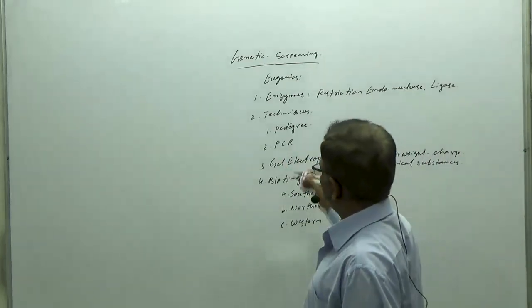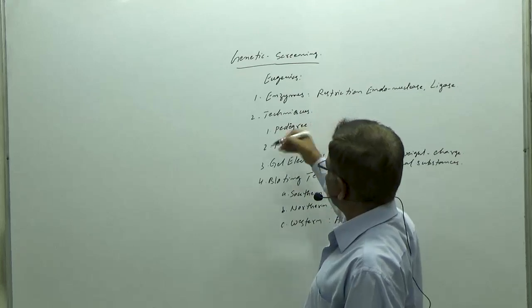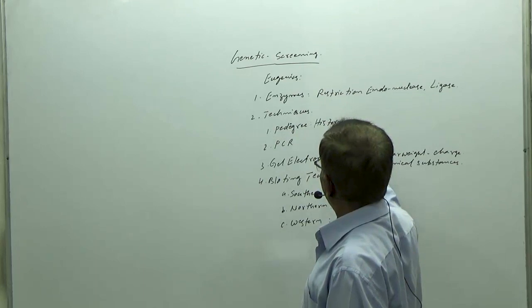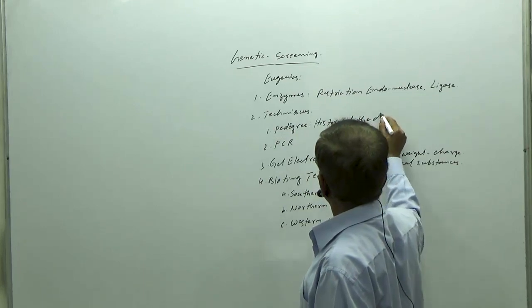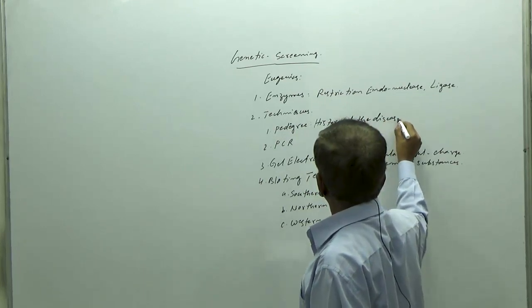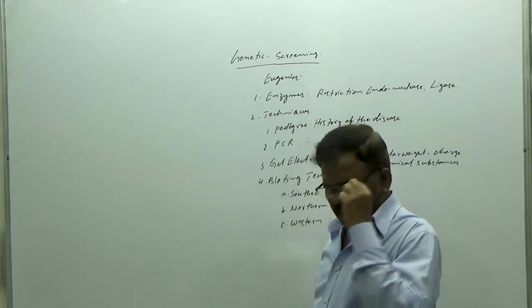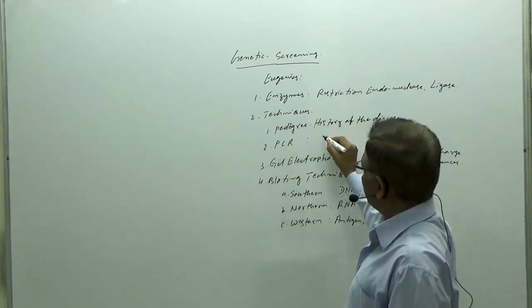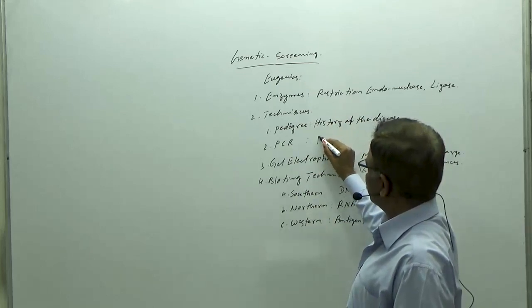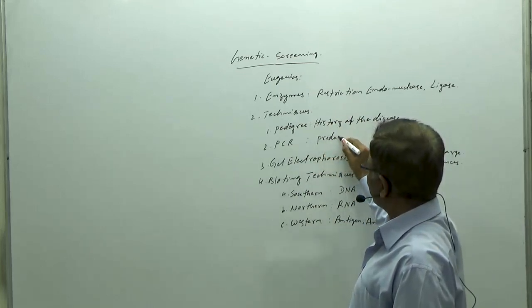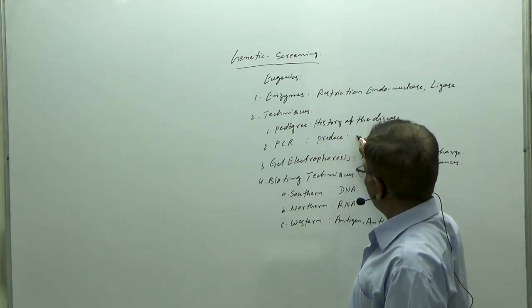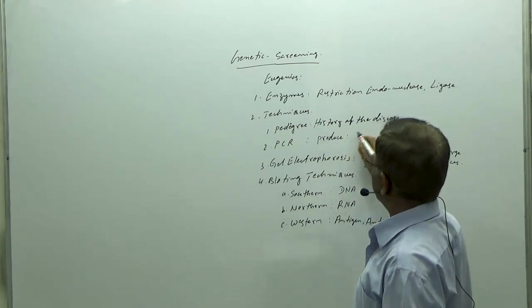At the same time, this pedigree analysis depicts the history of the disease. PCR, polymerase chain reaction, is useful to produce abundant number of similar copies, true copies, Xerox copies.